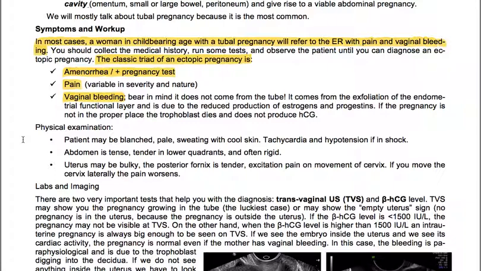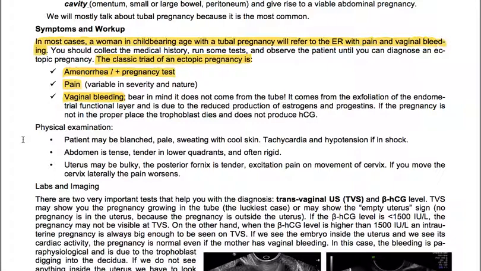Labs and imaging. These are two very important tests that help with the diagnosis: transvaginal ultrasound and beta HCG level. Transvaginal ultrasound may show you the pregnancy growing in the tube, in the luckiest case, or may show the empty uterus sign: no pregnancy is in the uterus because the pregnancy is outside the uterus.